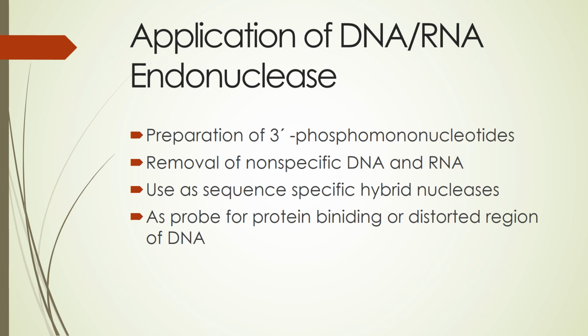The relatively non-specific activity of SNase can be used to generate 3' phosphate mononucleotides from a wide variety of DNA and RNA substrates. The 5' hydroxyl of the 3' phosphate mononucleotide can be efficiently phosphorylated by the T4 PNK. And next is the removal of non-specific DNA and RNA. This is a very important thing.